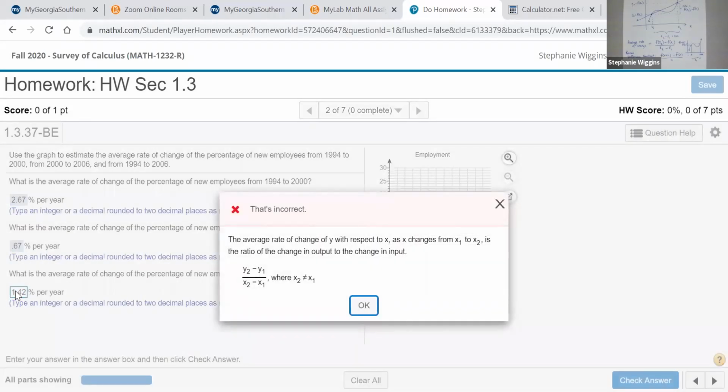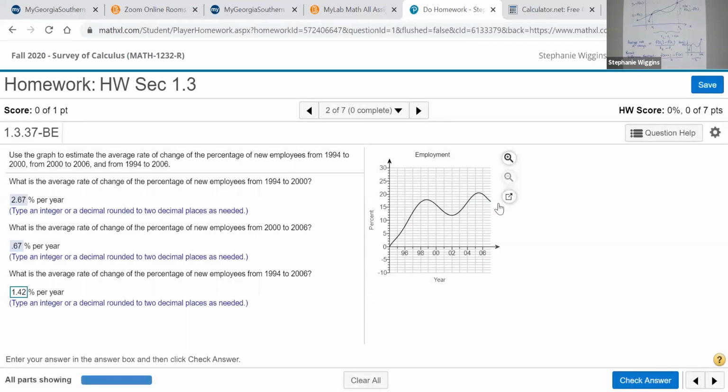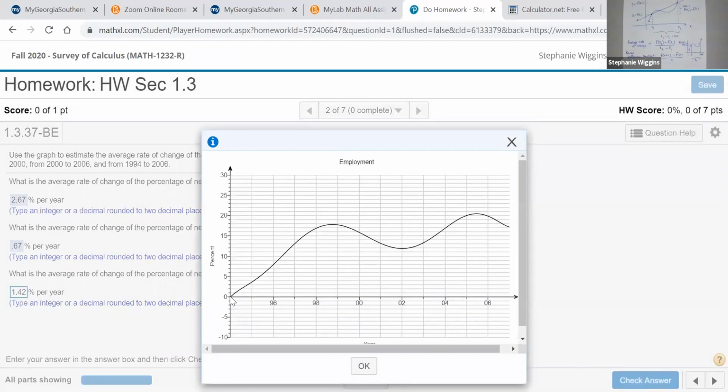Oh, what did I do? Let me see. Go back to my, let's see, it was from 94 to 2006. That's 12. And then maybe I looked at my thing wrong. Hold on. So we go from 0 to 20. I looked at the graph wrong. Follow it over there. 20.